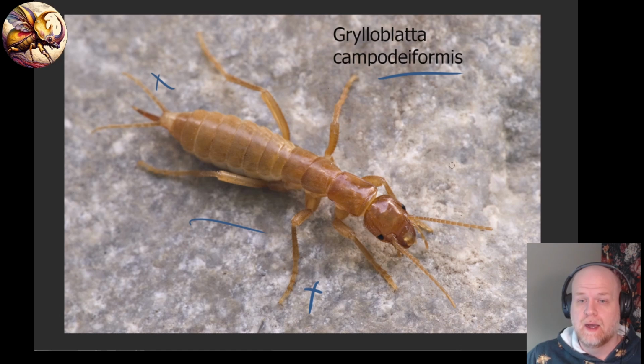They tend to feed on other dead insects if they're around, and if not, they feed on rotting vegetation. Their juveniles, they're nymphs, tend to feed primarily on decaying plants.